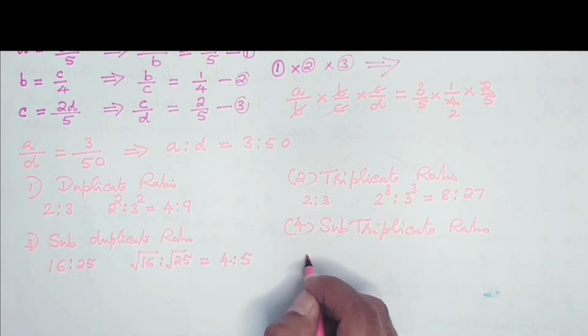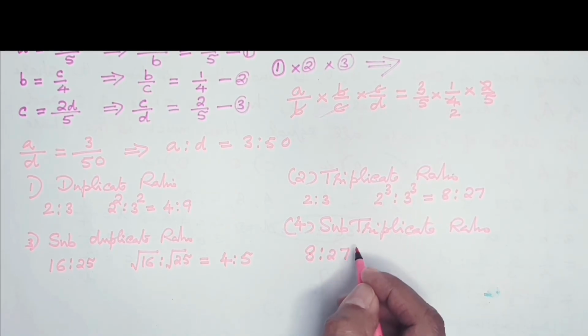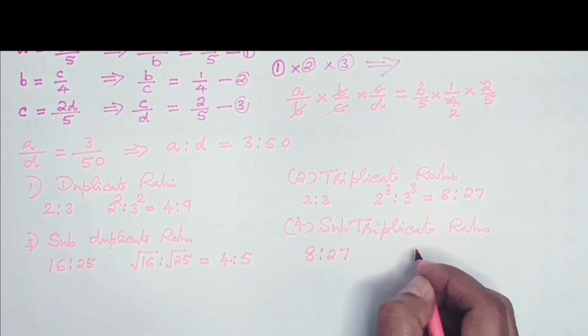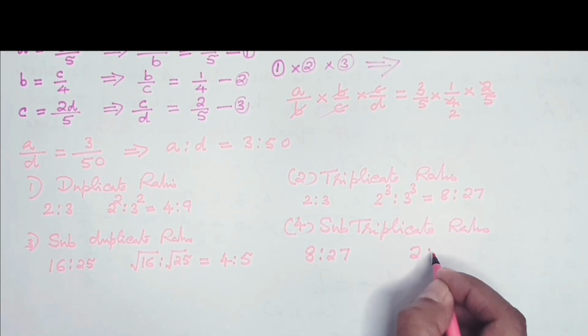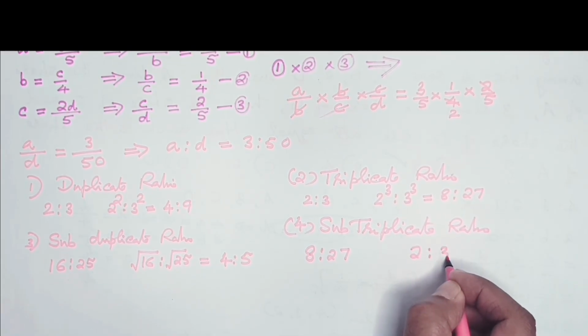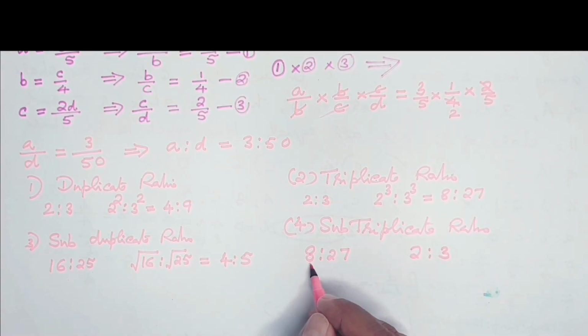Now let me write another ratio here. Say 8 is to 27. To get the sub-triplicate ratio, take the cube root of 8, which is 2. Again the cube root of 27, which is 3. So 2 is to 3 is the sub-triplicate ratio of 8 is to 27.